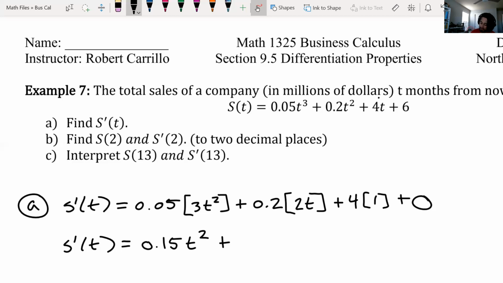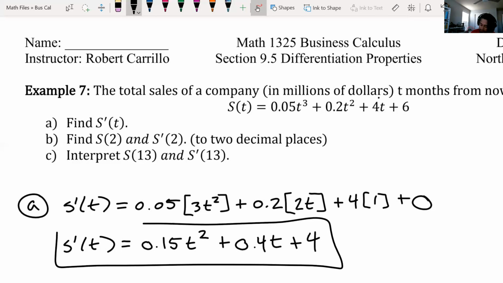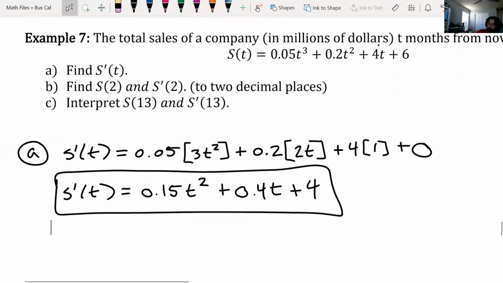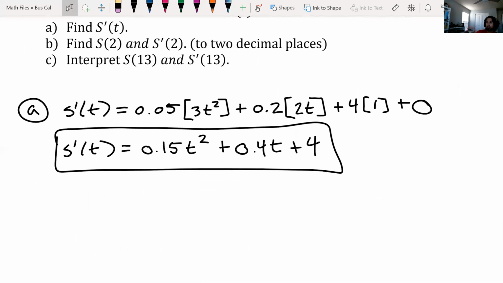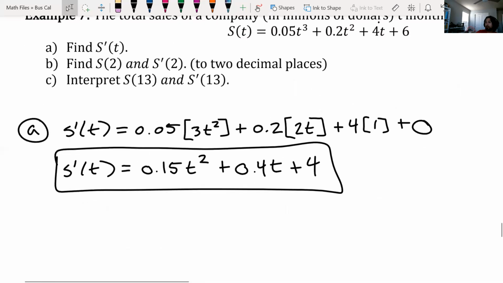I have 20 cents and I double it. 0.4 t plus 4. There's my derivative. Okay. And then I'll leave that there. I need that function there.